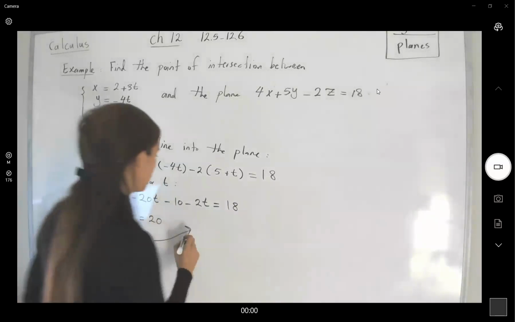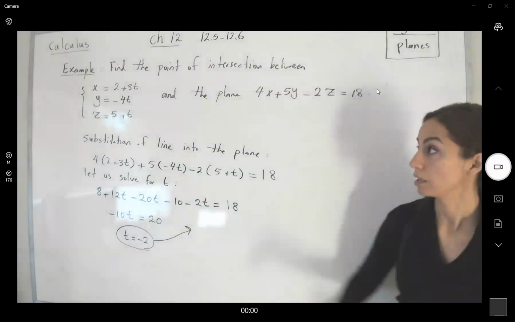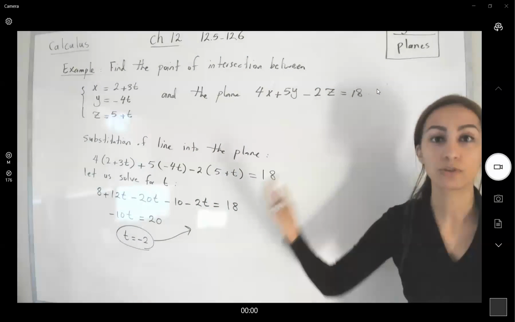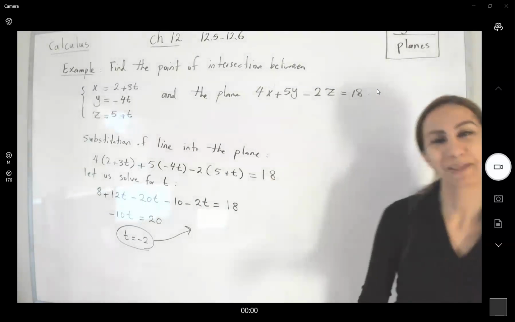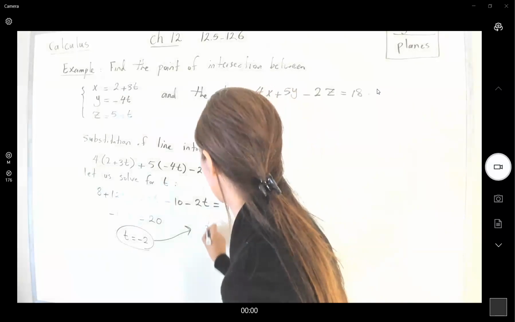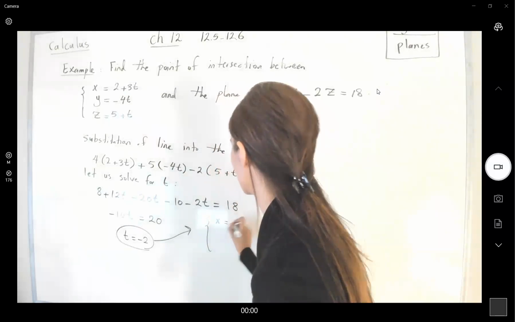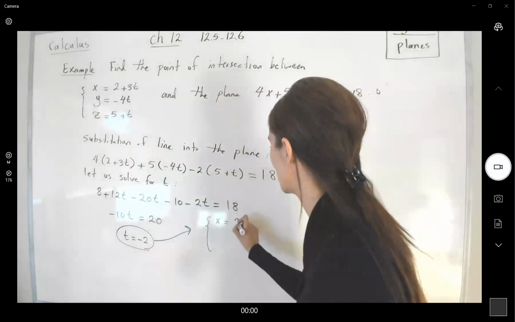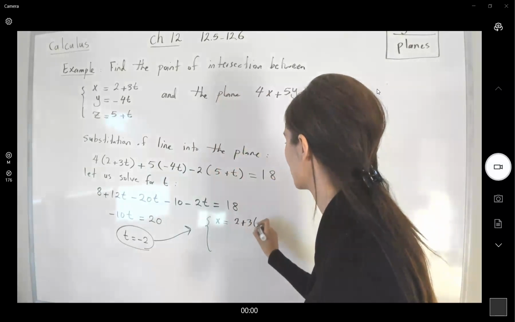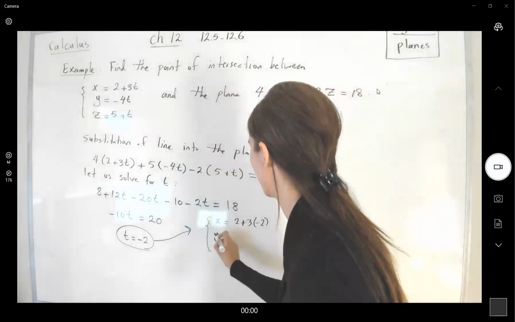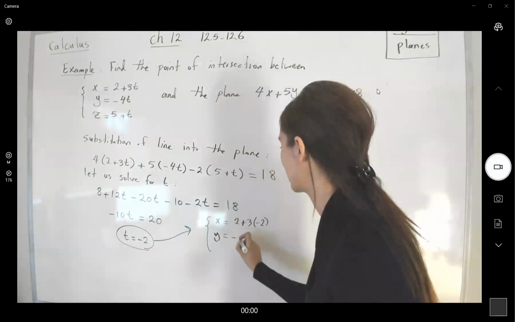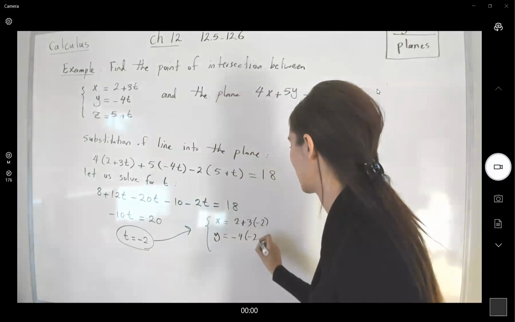Okay, let us plug in t into the equation of the line to find the coordinates for the point of intersection. Our x coordinate is 2 plus 3 times negative 2. Y is minus 4 times negative 2.